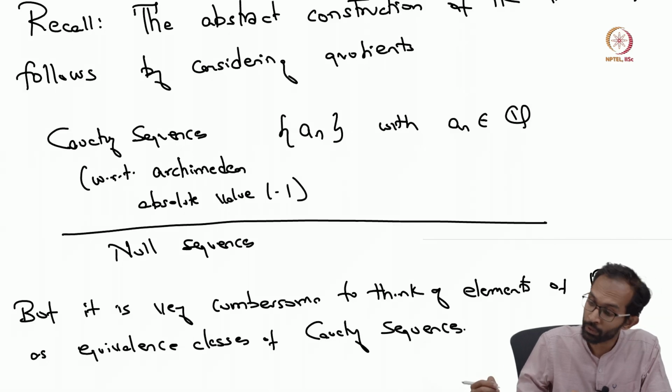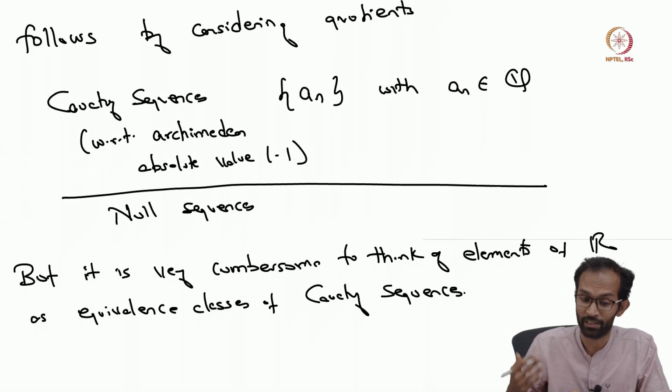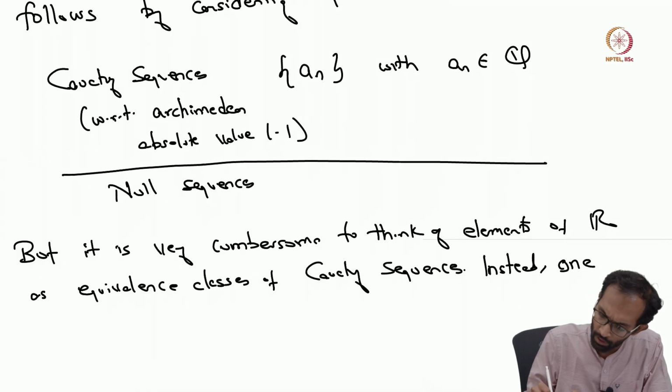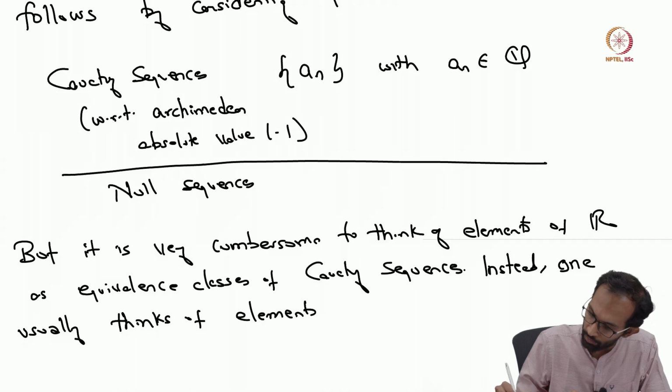And when I talk about a real number, what most people think about is its decimal expansion, for example. Instead, one usually thinks of elements of R involving some decimal expansion.